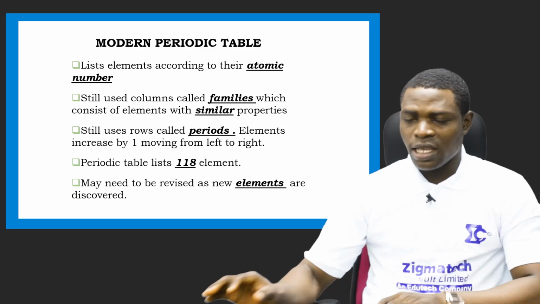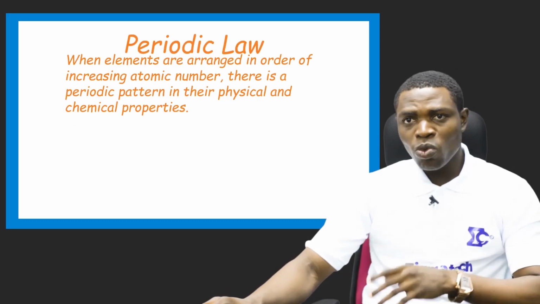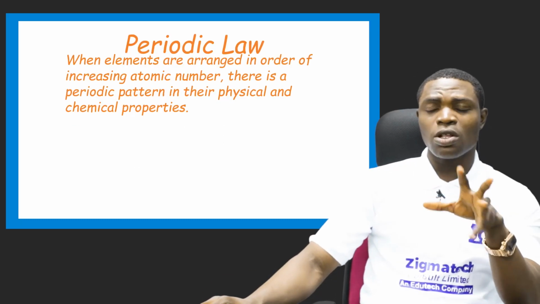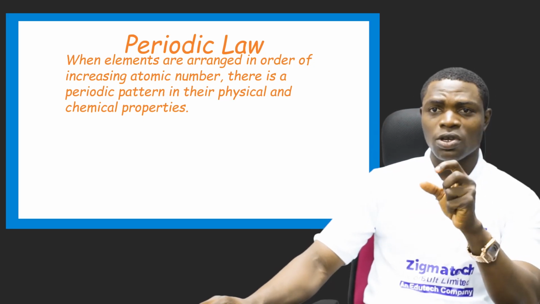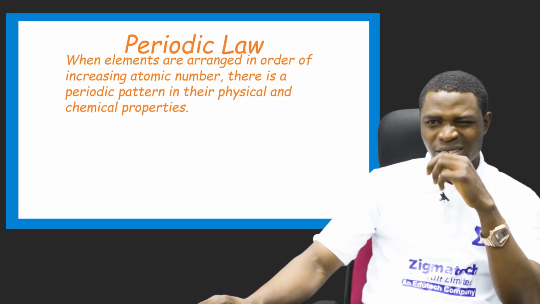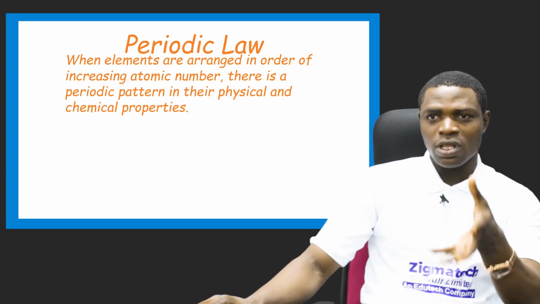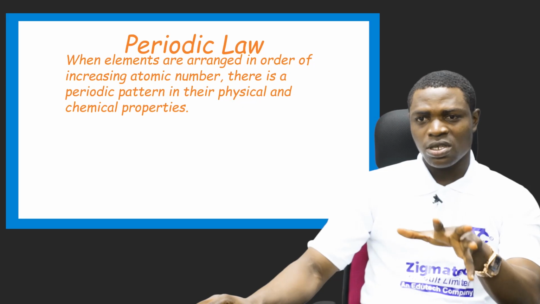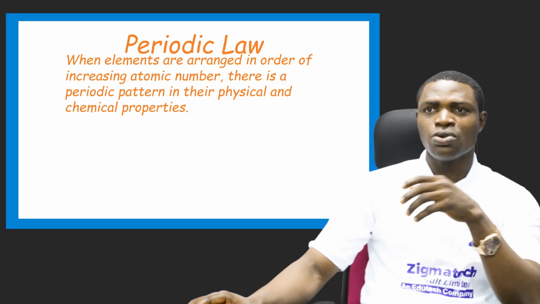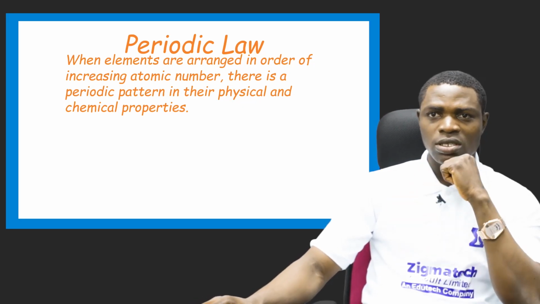So you may need to revise this. Today, let me quickly take you through periodic law before we begin to look at the trend, because this will give you an intensive knowledge about what the topic is talking about, and it will help you to navigate your way through this teaching.